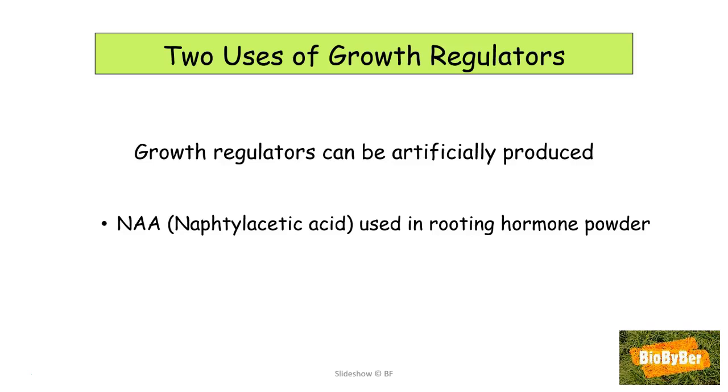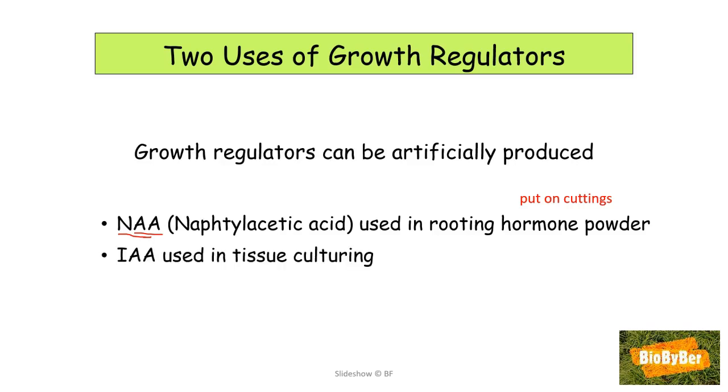Naphthaleneacetic acid. Well, NAA, synthetically produced outside the plant, is used in rooting hormone powder. We would have come across this in asexual reproduction when we took cuttings. The cuttings can be dipped in rooting hormone powder to encourage the formation of roots.